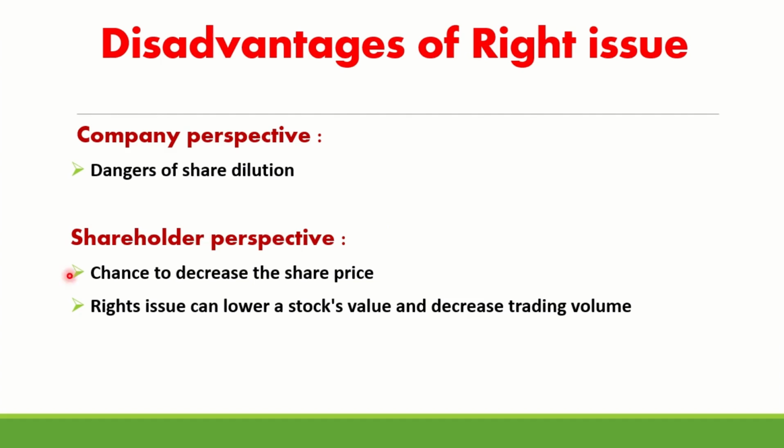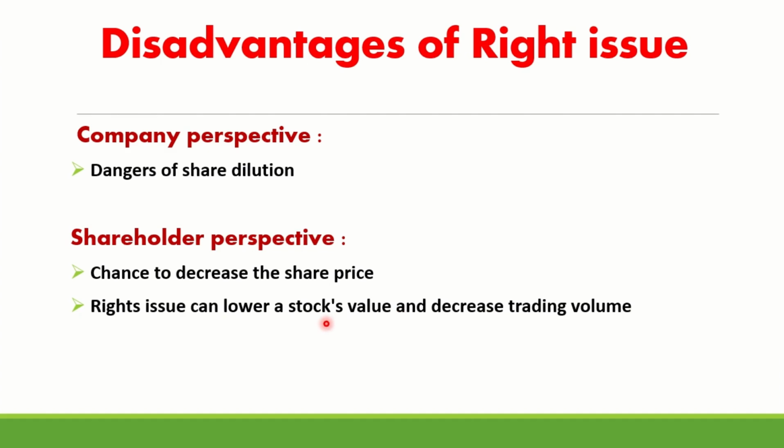And from the shareholders' perspective, there is a chance the share price decreases, because the number of shares will be increased. Whatever is already available in the market, that is available, and additionally they are issuing new shares, so there is a chance the share price decreases. Another way, it can lower the stock value and decrease the trading volume. So normally these are a few cases.